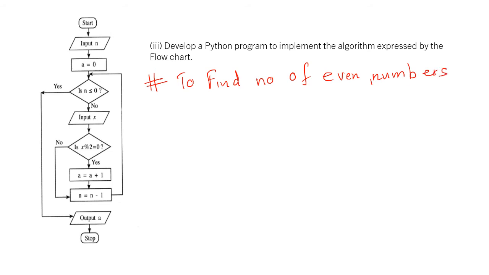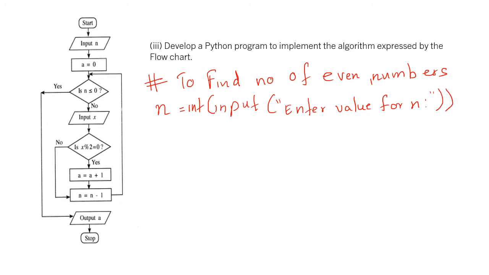Input n. We use the input statement, and there you give the particular message, enter value for n. It gives the value as a string, so we have to convert this to an integer. So we use the int function. Then a is equal to 0, as it is given.